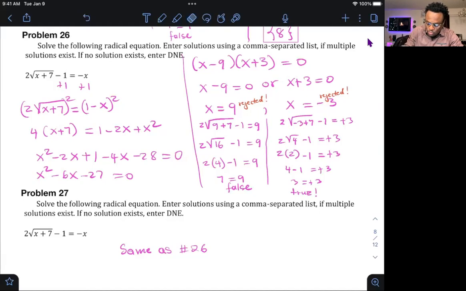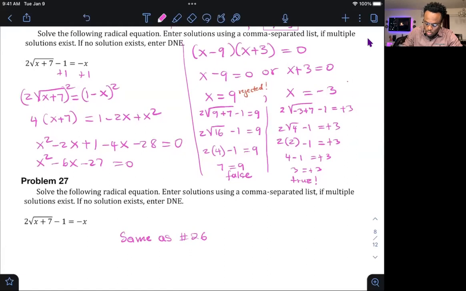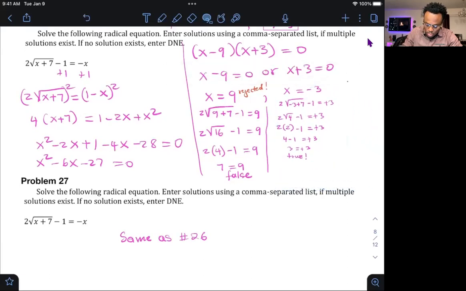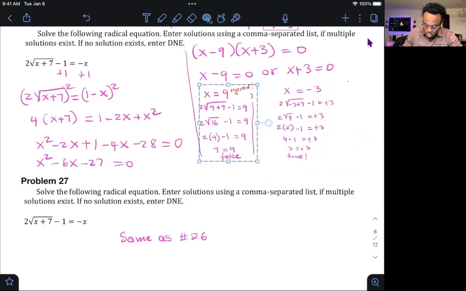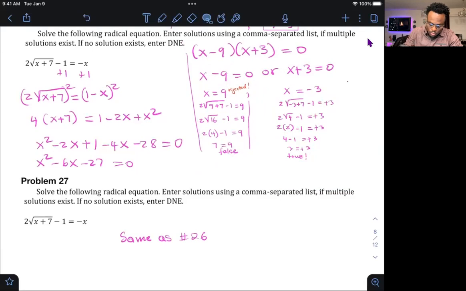And that is not rejected. That makes your solution -3. So solution is -3.